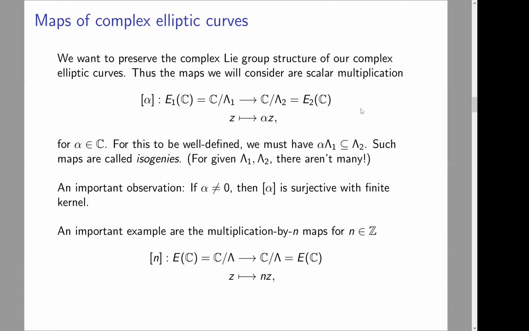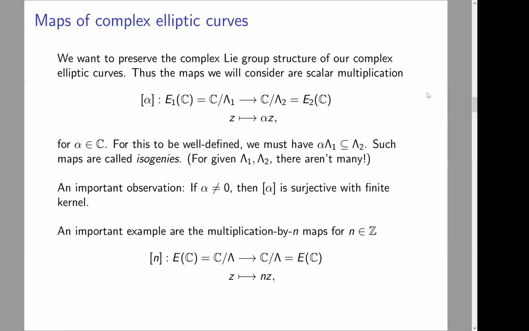That's allowed. But if it's not zero, then this scalar multiplication map is a surjective map with finite kernel. Only finitely many things can map into this lattice under this restriction, and everything is going to get hit, because if it's non-zero, you can just invert it. You can find a pre-image. So these isogenies are necessarily surjective with finite kernel. It's a nice thing to note.